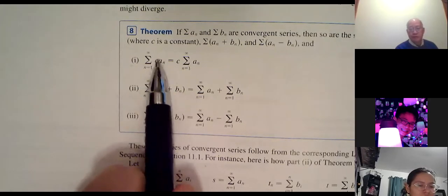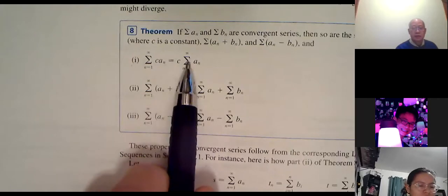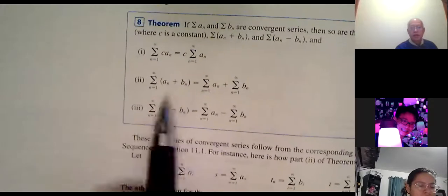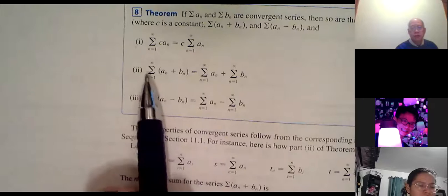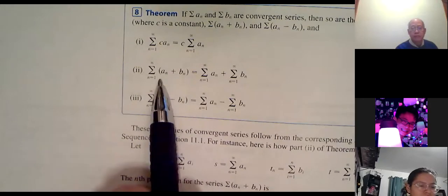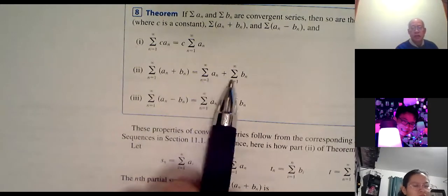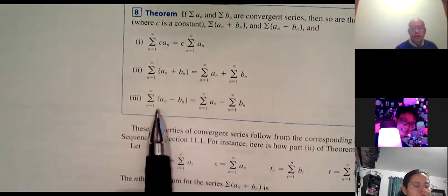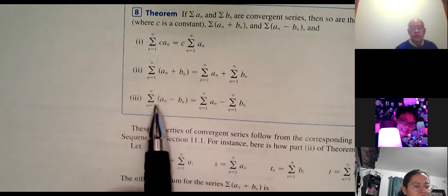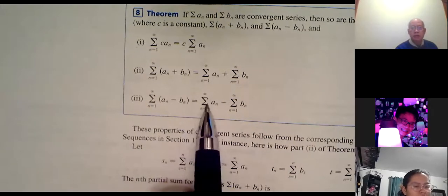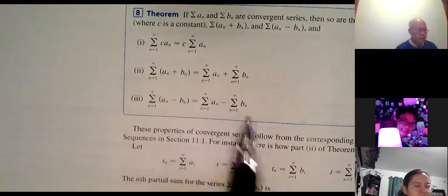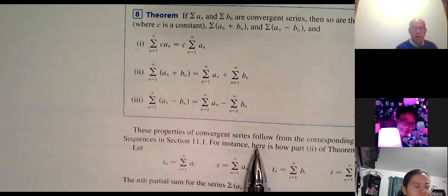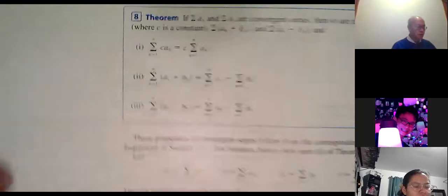Just take the 2 outside and just sum the rest of it. This also seems reasonable. The summation of a sub n plus b sub n is the summation of a sub n plus the summation of b sub n. It's sort of like the commutative property. And likewise for subtraction. The summation of a sub n minus b sub n is the summation of a sub n minus the summation of b sub n. Okay, and we'll use that from time to time.